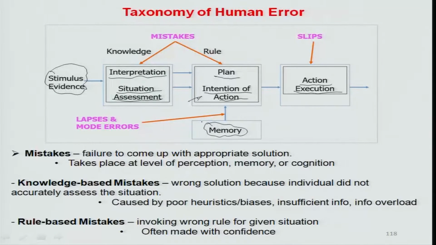And so there may be some lapses and errors based on such memory. There also can be a sort of a mistake, because the knowledge that the concerned operator had about assessing the situation and interpreting what you have to do may be inappropriate, or the rule that he applied to do it also may be inappropriate because of lack of knowledge, and there can be many slips on the way.